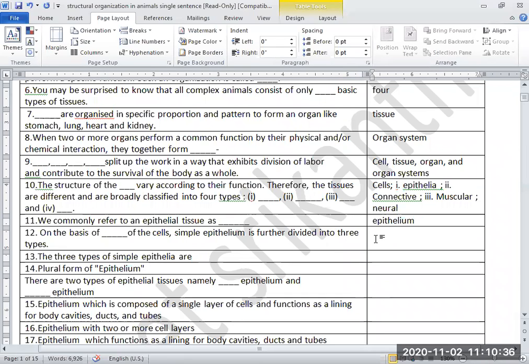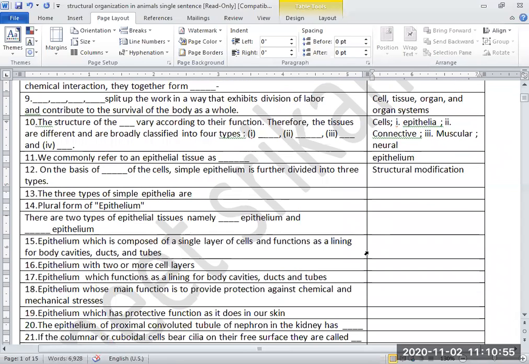On what basis do we classify simple epithelium into 3 types? Shape. Okay, structural modification. Based on the structural modification, we classified the simple epithelium into 3 types.